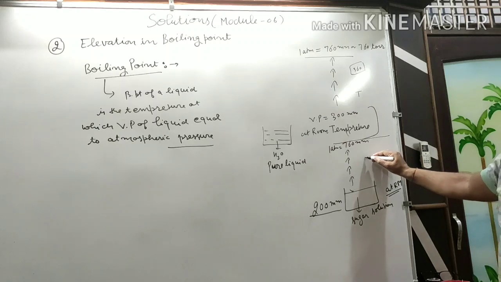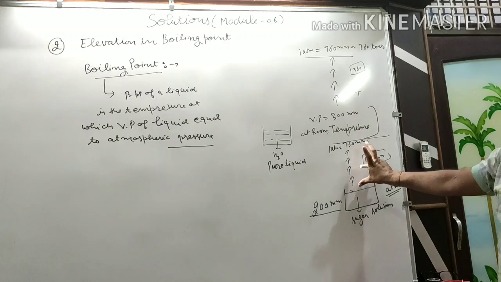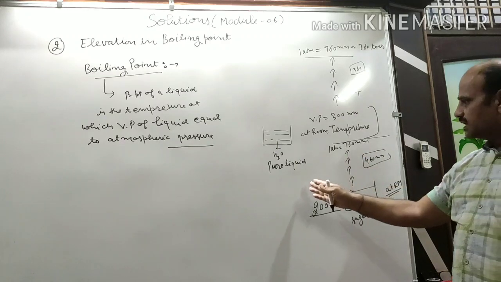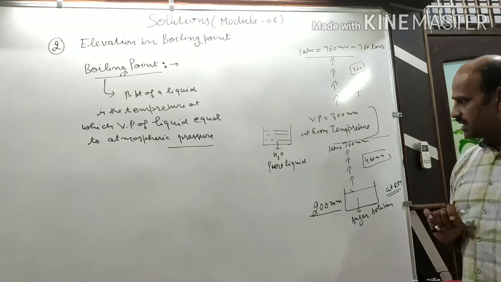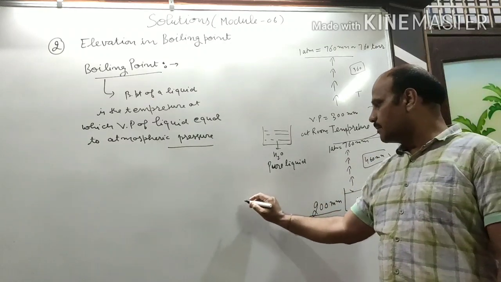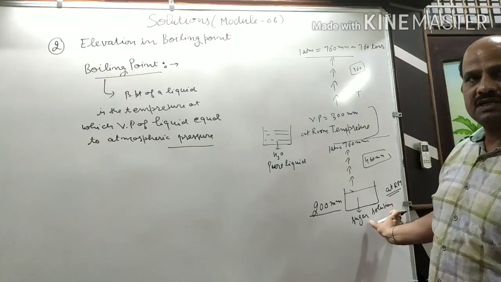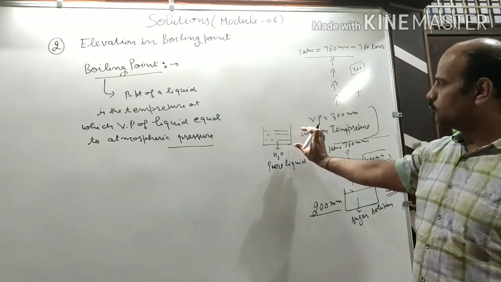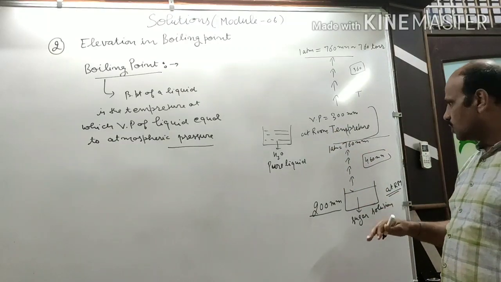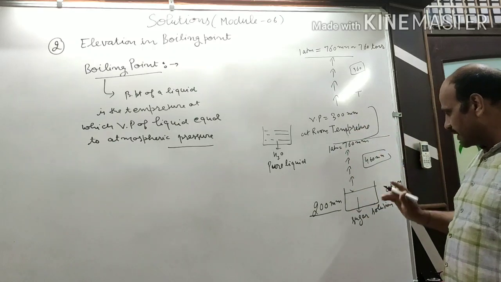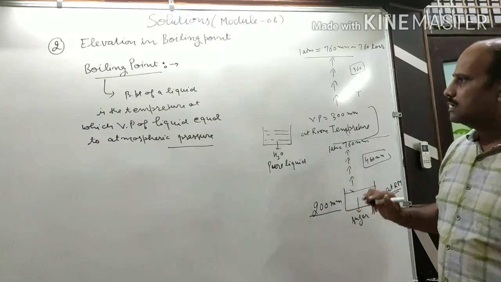I think that is 460. Here the difference is more, that is why we give more temperature to boil it. From here we can say the vapor pressure of the solution is lower than the pure solvent, but the boiling point is more for the solution as compared to the solvent.